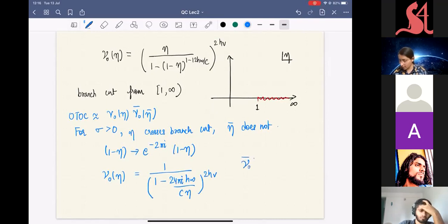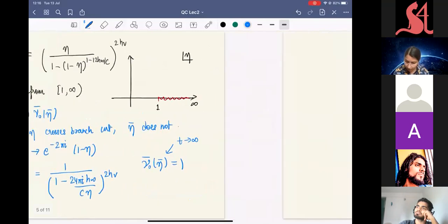And this doesn't cross the branch cut, so we get that to be just 1 in the late time limit. And then substituting the cross ratio: in the last lecture, we had derived the cross ratio as an exponential, and substituting that here, we get the OTOC to be the following.